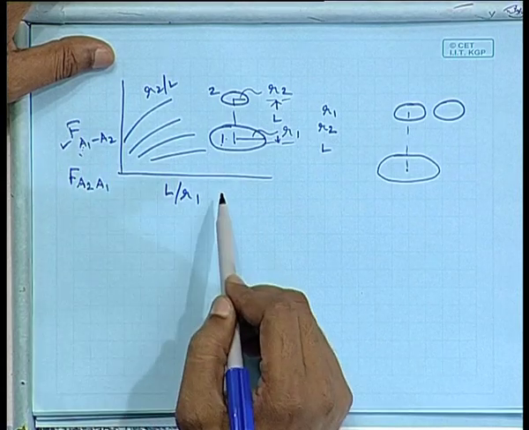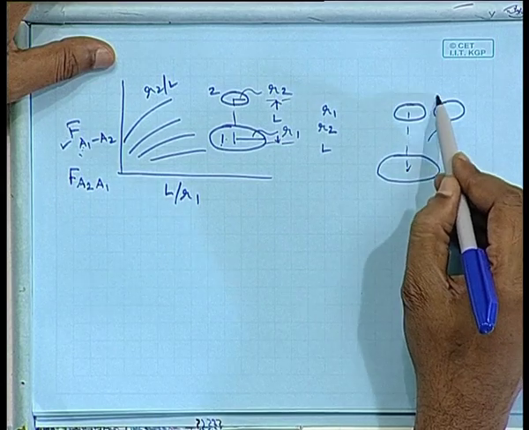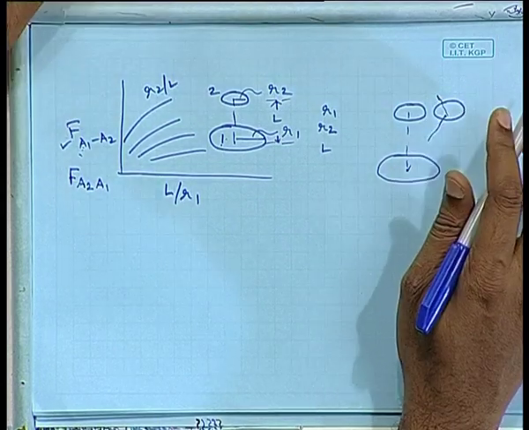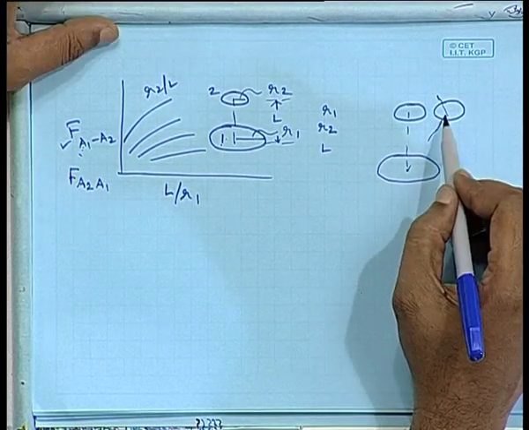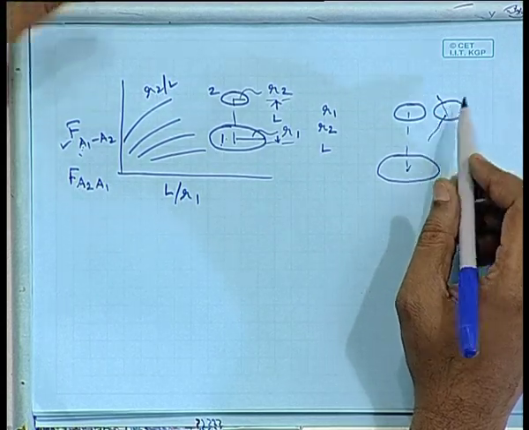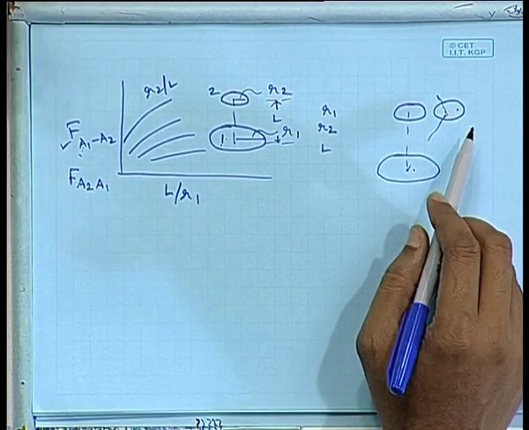It can be rotated also. It can have theta, it can have phi. Agreed. So, for complex geometries, for irregular shapes, it would be very difficult to find out what is the view factor from 1 to 2. Okay. I would give you another example.